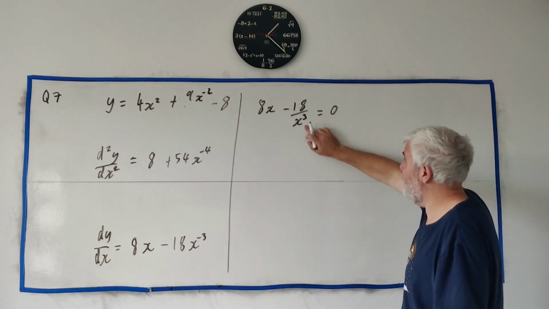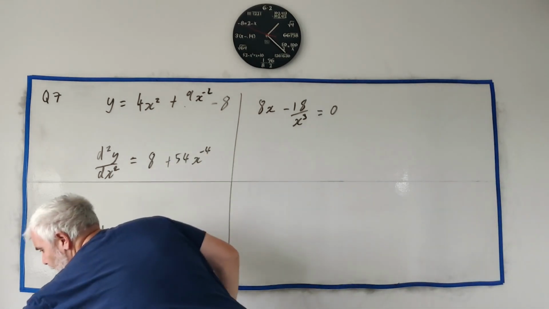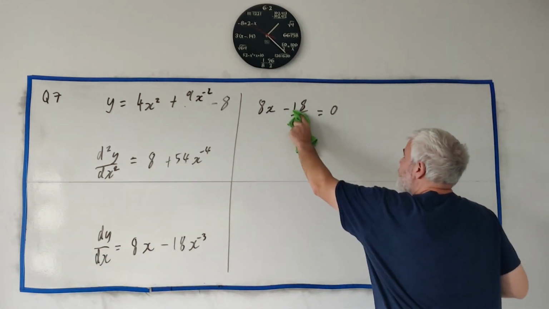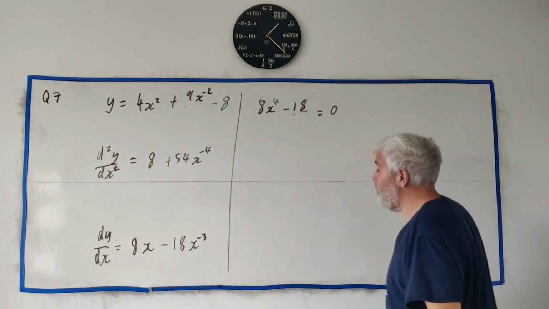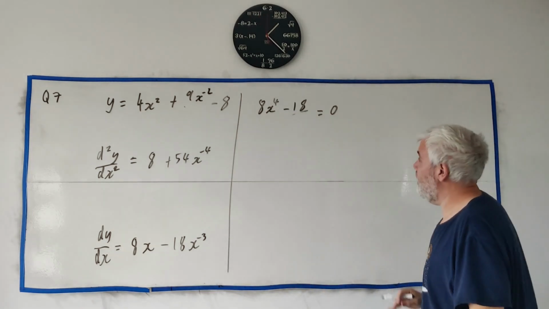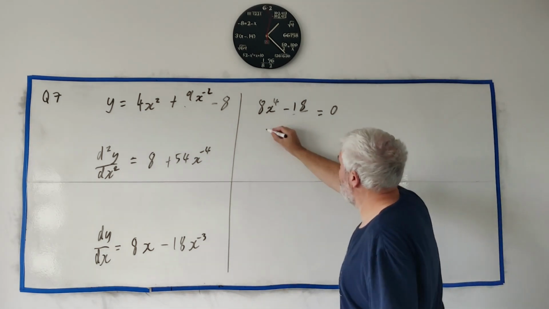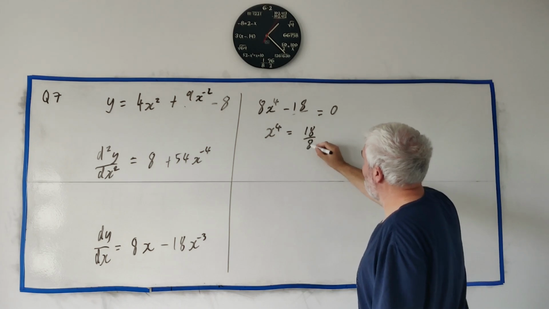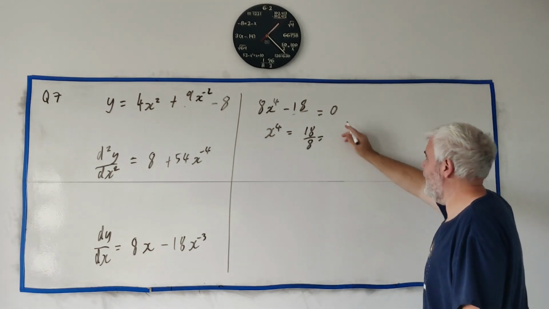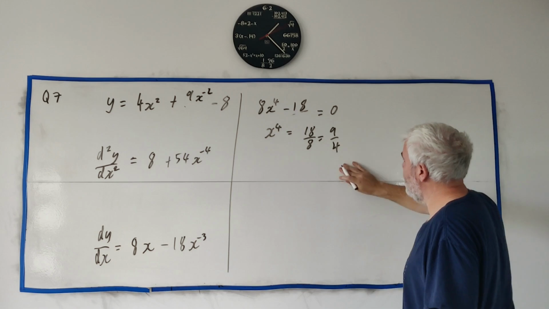First thing we do is multiply everyone by x cubed. Multiply this by x cubed, it disappears. Multiply this by x cubed, it becomes x to the power 4. And 0 by anything is 0. So we just solve this. We get x to the power 4 is equal to 18 divided by 8, which is the same as 9 divided by 4.